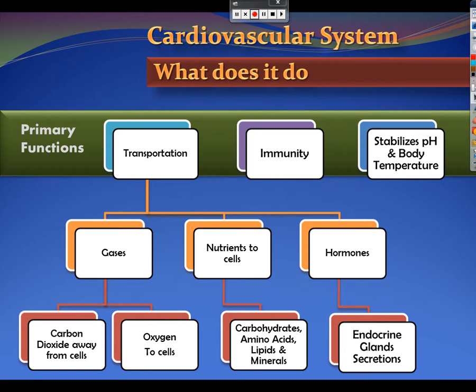But when those cells go through certain chemical reactions, that oxygen, by removing carbon, is sometimes, and that's just an example, going to become carbon dioxide. The carbon dioxide needs to be taken out of the cell, taken over to the lungs so it can be released out from the body, and then oxygen needs to be brought back.